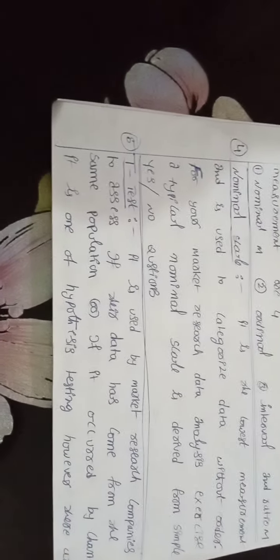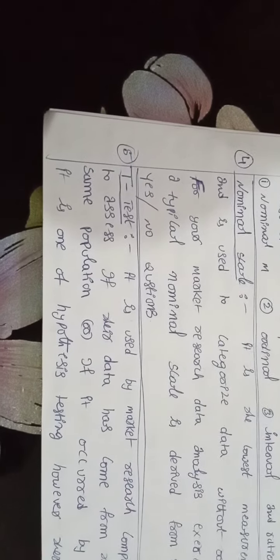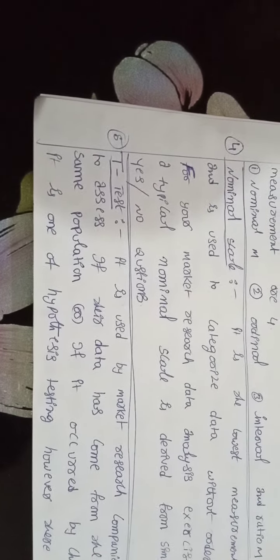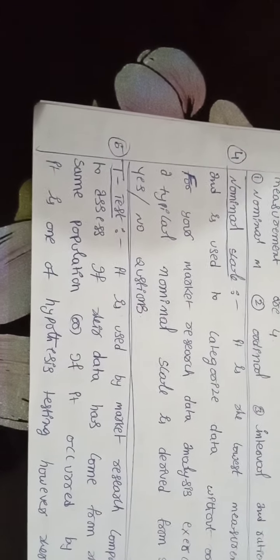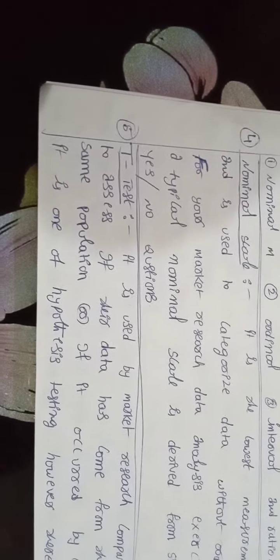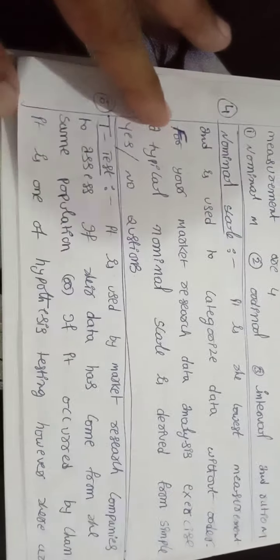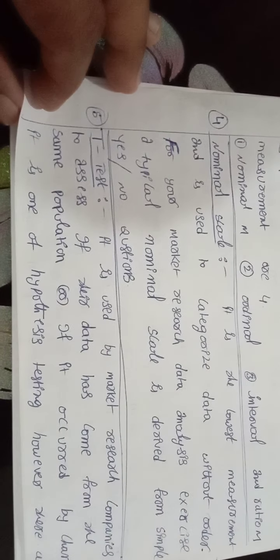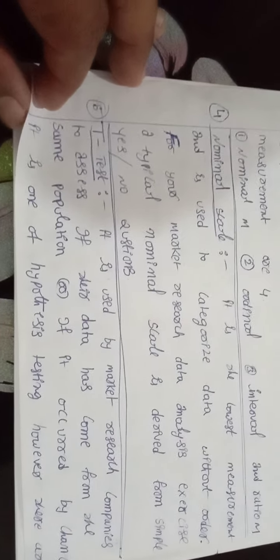Next question is t-test. It is used by market research companies to assess if their data has come from the same population, or if it occurred by chance. It is one of the hypothesis tests.